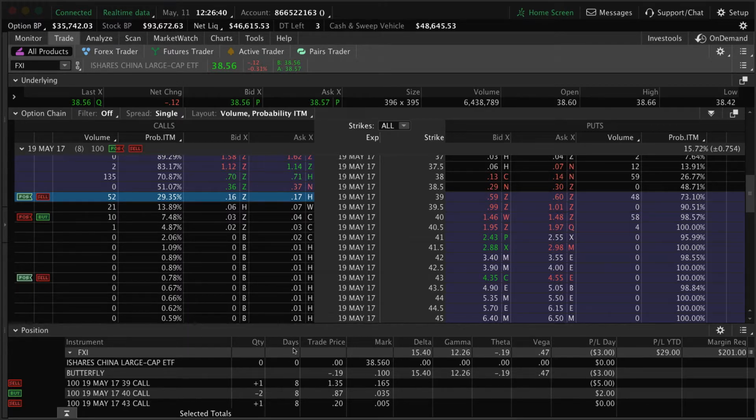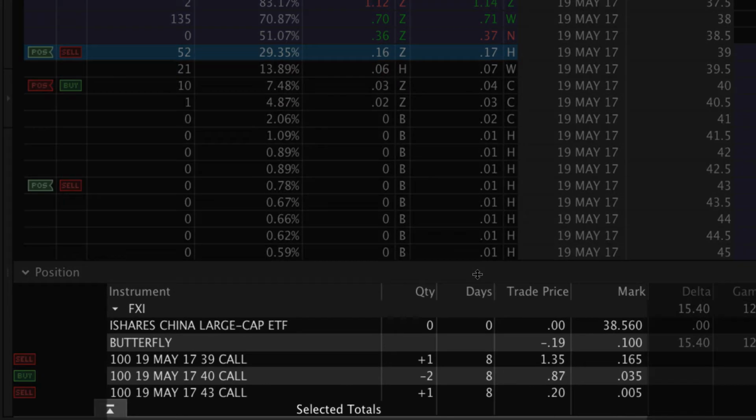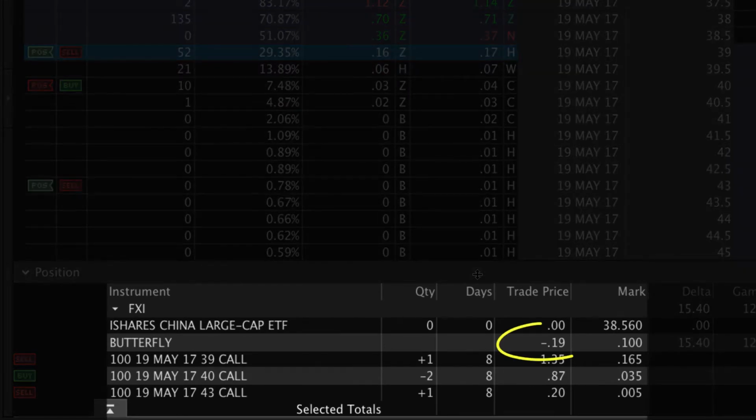And this is where people get tripped up. This is where people get confused. So let me explain this the best I can. You can see our trade price for this butterfly is negative 19 cents. And remember, whenever we trade butterflies, we buy them as an opening trade. The simplest way to think about this is with any asset, we want to buy low and sell high, right?